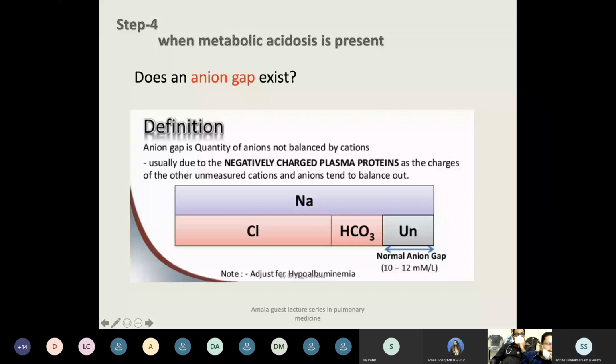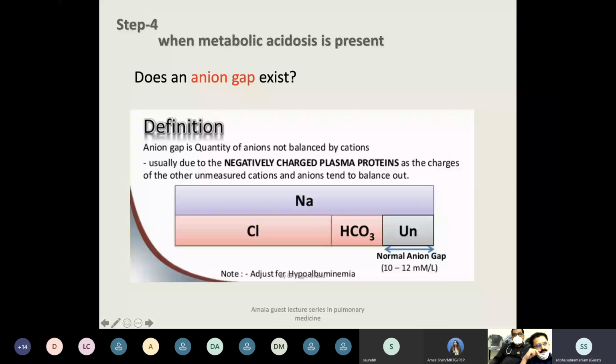Now, coming back, in respiratory you have one more thing, compensation. I will discuss compensation together in respiratory and metabolic. So step 2, you have finished with your respiratory.